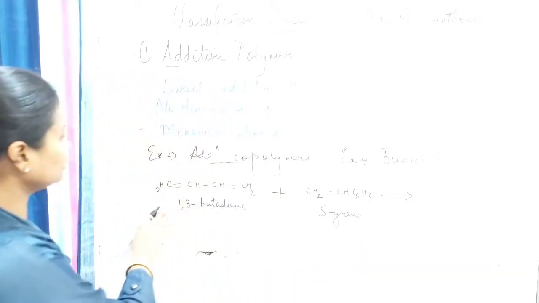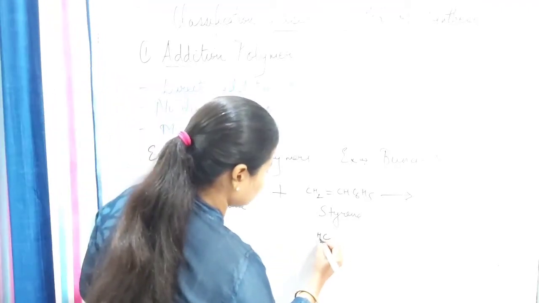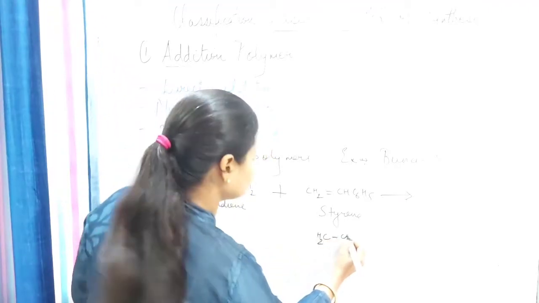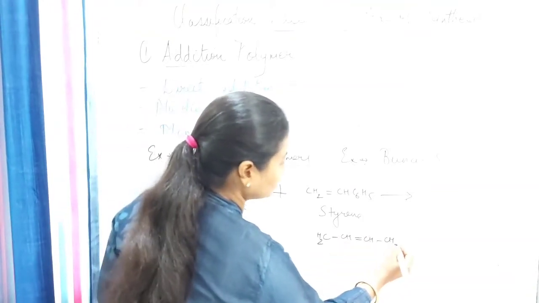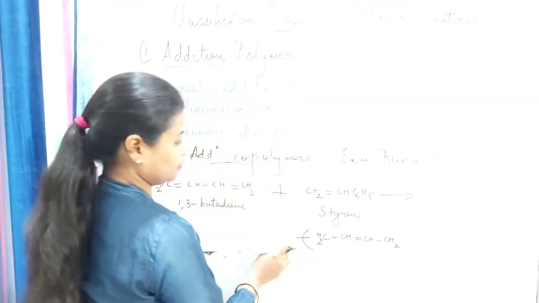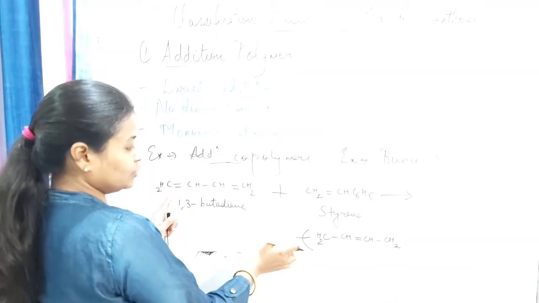First of all, the pi bonds of 1,3-butadiene will cleave off. So it will be CH2 single bond CH. Now, in order to complete the valency, a double bond will occur between the 2 and 3 carbon. This carbon's pi bond is cleaved off, so it is bonding over here.